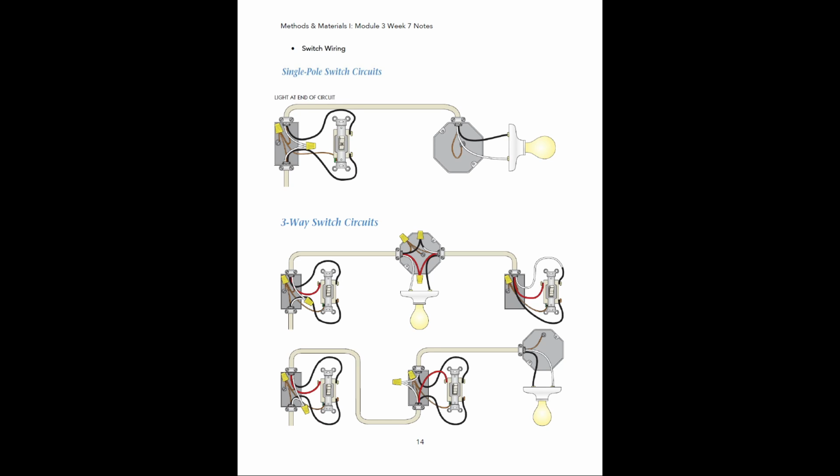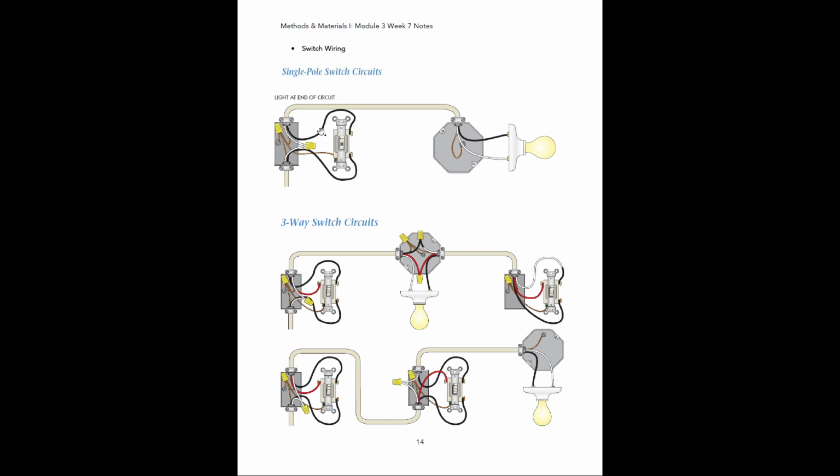Or maybe in your kitchen on one wall you have a light switch that controls the kitchen lights, and on the other side of the kitchen there's another light switch that controls that same light fixture. That is done using a three-way switch circuit.